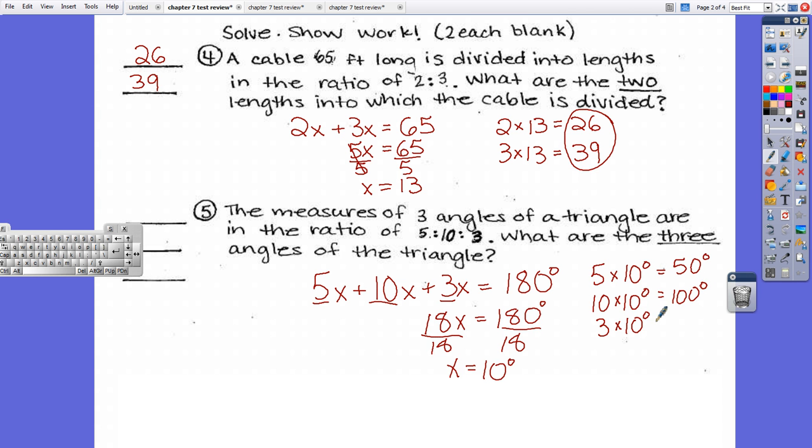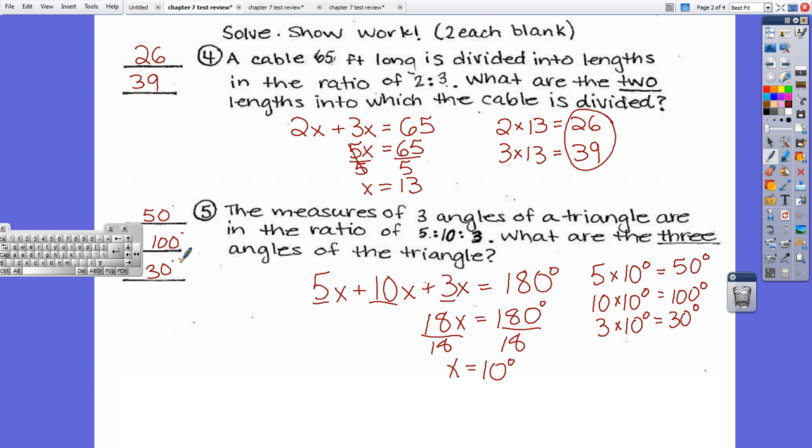So those were my answers for that. 50, 100, and 30. And when you're making your little degrees, please don't make your 0 large, because then I read it as a 0 instead of a degree sign, and that could mean it's counted off.